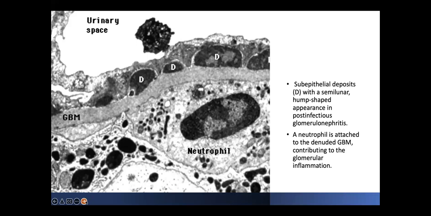Are they not subepithelial to me? Sorry, subepithelial, right? This is endothelial, this is epithelial, so subepithelial, absolutely. That's really the difference when we talk about differentiating the different conditions: subepithelial or subendothelial deposits. So this is a subepithelial deposit, and this is the urinary space. Very prominent.